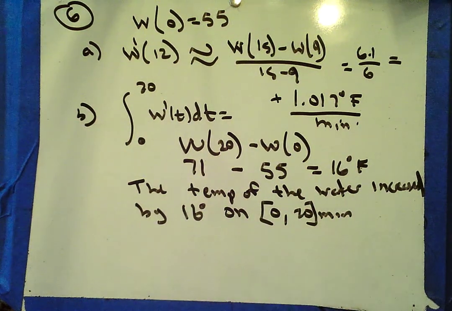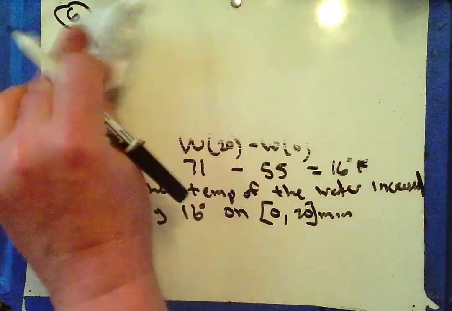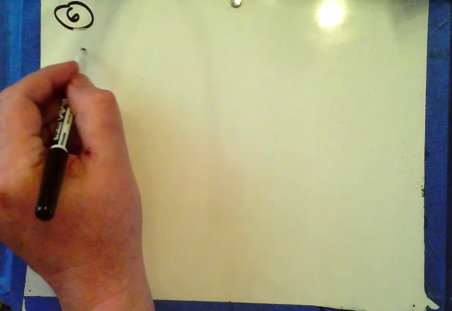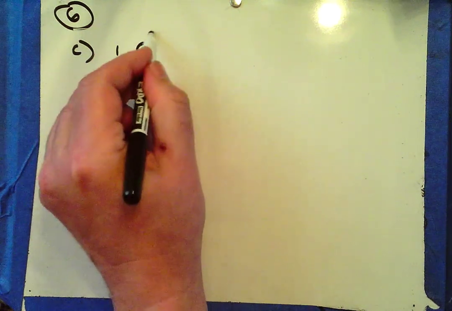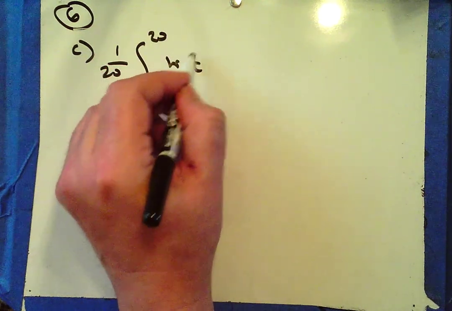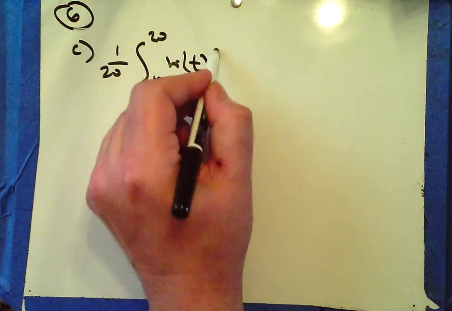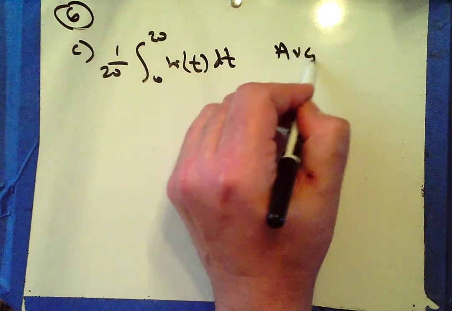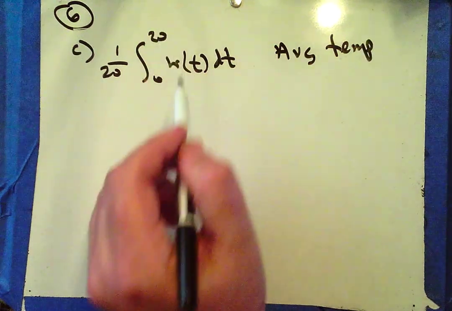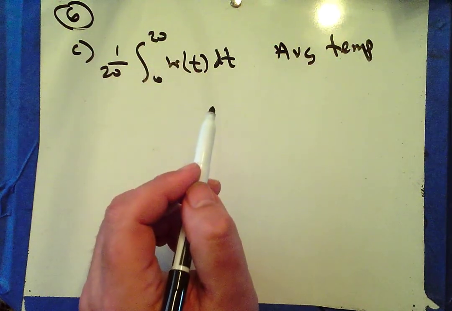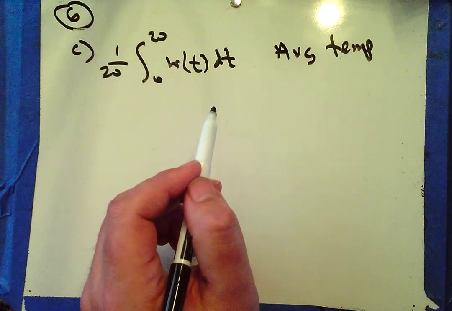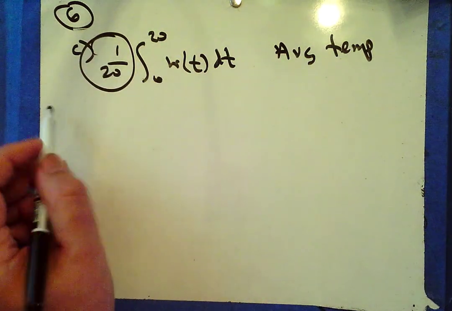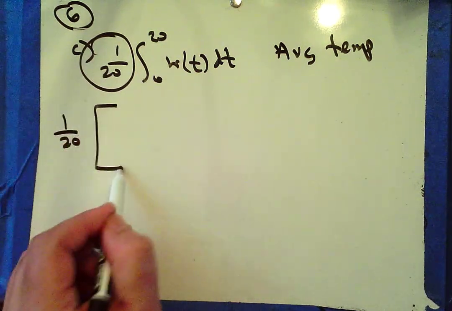Okay, part C. The average temperature of the water in the tub is given by 1 over 20 times the integral from 0 to 20 of W(t) dt. That's the average temperature on 0 to 20 minutes. That makes sense to me. Okay, what do you want me to do with that? Use a left Riemann sum with 4 subintervals to approximate this. Again, don't lose that constant, 1 over 20. Left Riemann sum.